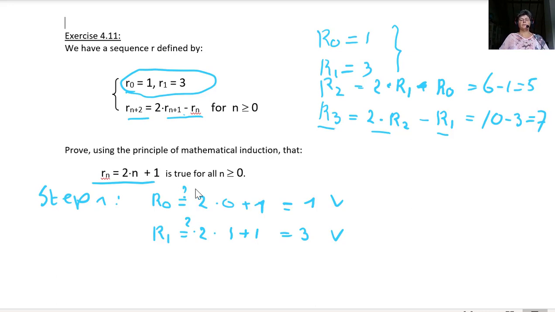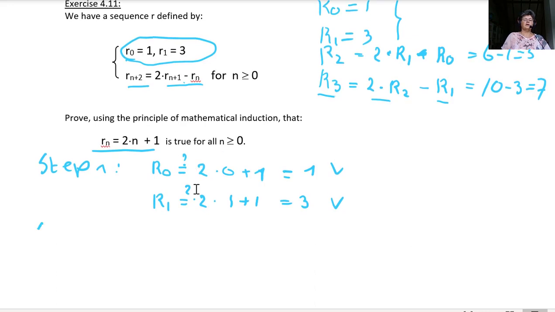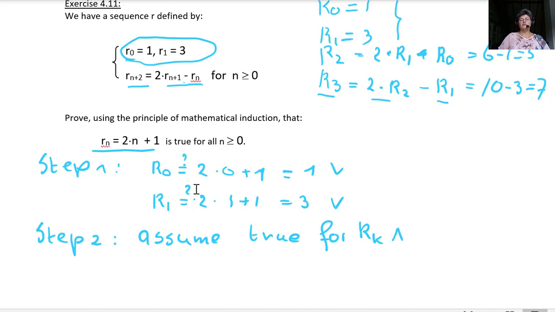No big deal. Step 2. And also for step 2, we have to make 2 assumptions, because Rn plus 2 is depending on the 2 predecessors. So assume that it's true for Rk and for Rk plus 1.